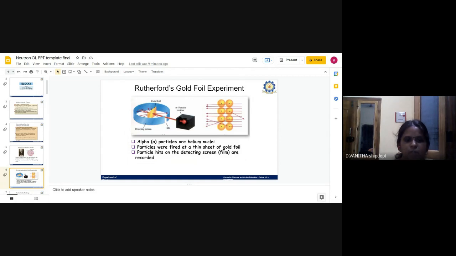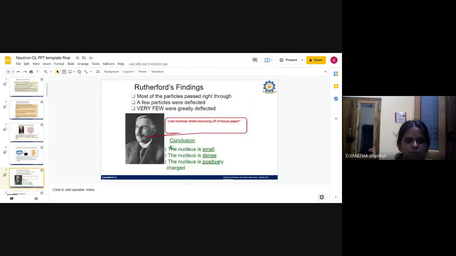From this, some conclusions were made by Rutherford. Most of the particles passed right through the gold foil. Few particles were deflected, and some of those were greatly deflected.